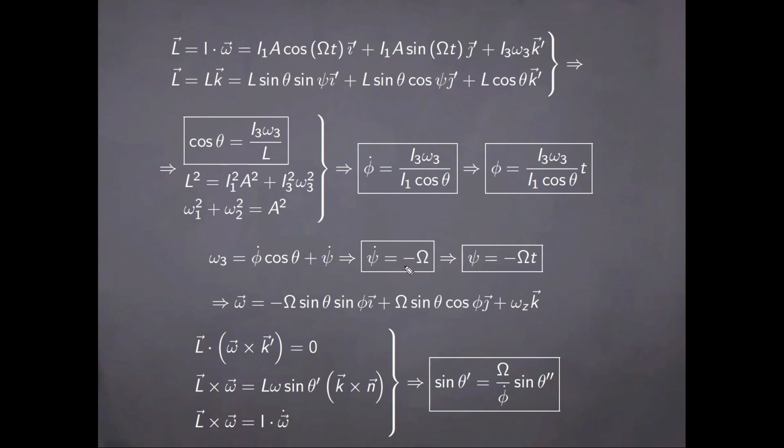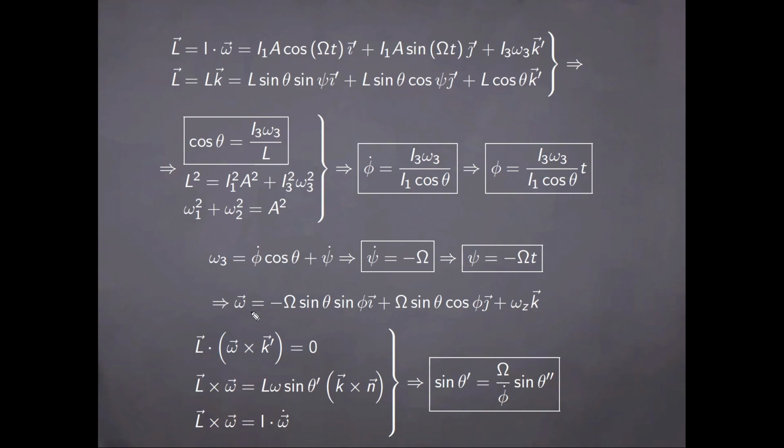The sign changes due to the fact that we're shifting from what is viewed as a passive rotation in the body frame to an active one, as is seen in the laboratory frame. And in any case, with these values, we can easily write the angular velocity of the rigid body in the laboratory frame as shown here.